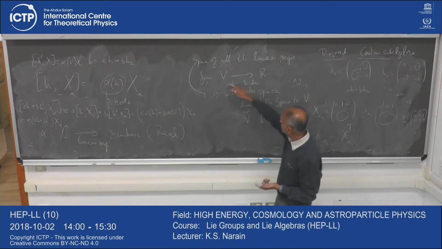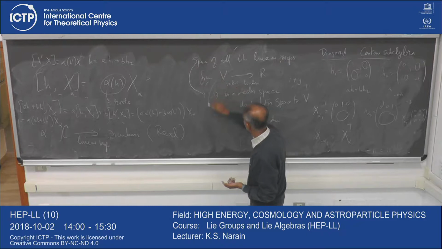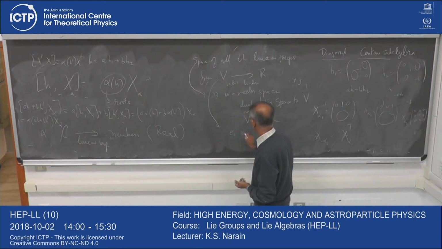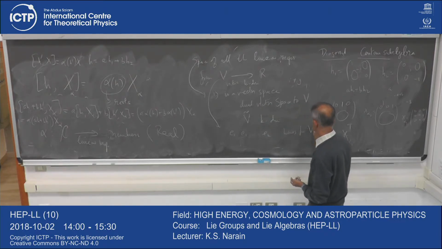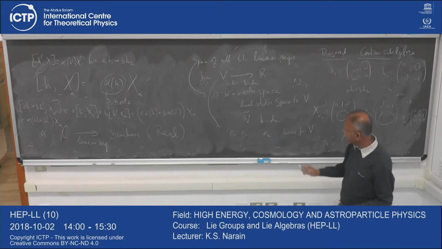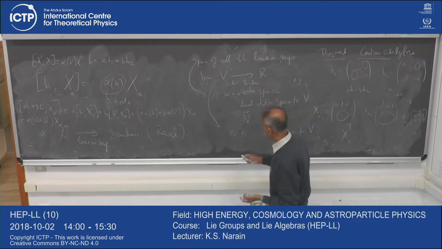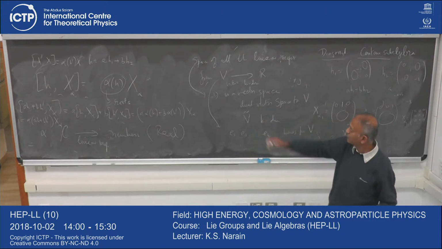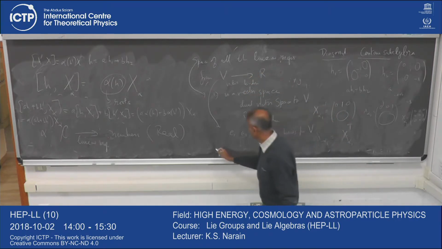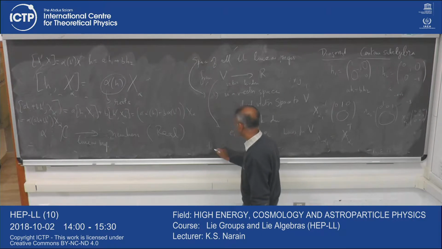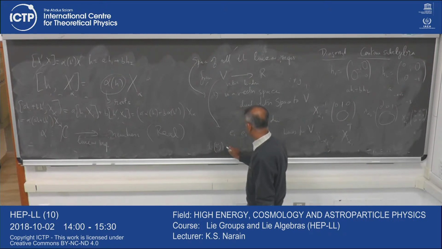Suppose this is k-dimensional, so I can choose a basis, let's call it E1, E2, up to Ek. This is the basis for V. Then I can define my linear function. Let me consider a linear map, let's call it Fi, which has the property that Fi acting on Ej is delta Ij.